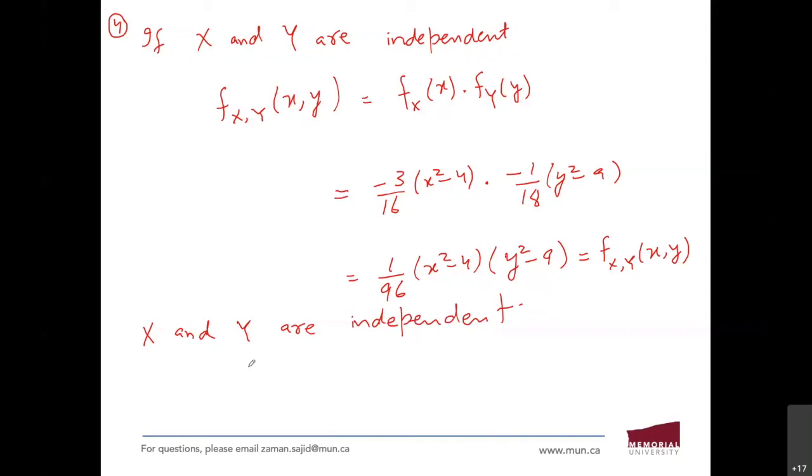Now here I just want to share something with you. If this is not equal to your joint probability distribution, x and y will not be independent, they will be dependent. There is a technique that we use, called copula. This is an advanced level technique we use when x and y are dependent.